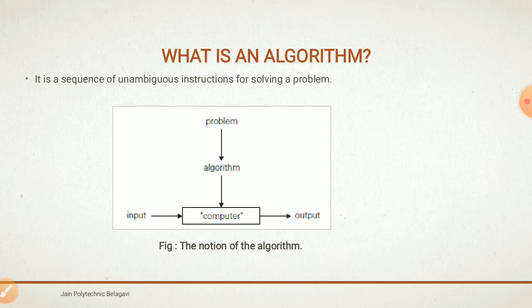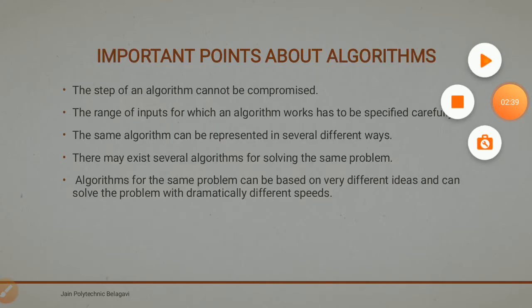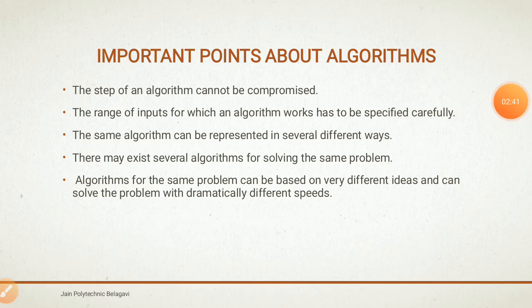Then the computer, depending on the situation, will be accepting the input from the users. Once the user gives the input, it will be processing that. Then after processing, whatever result comes, it will be providing us as output. This is all about the algorithm.